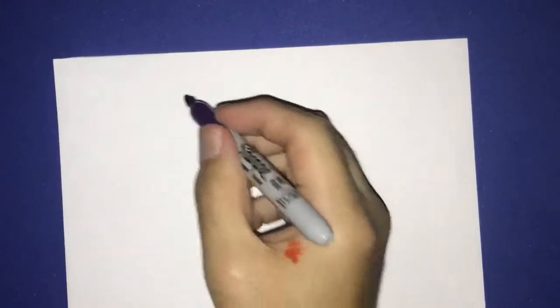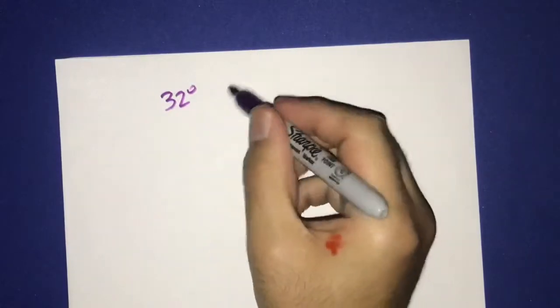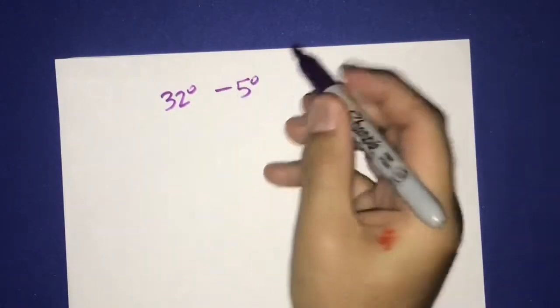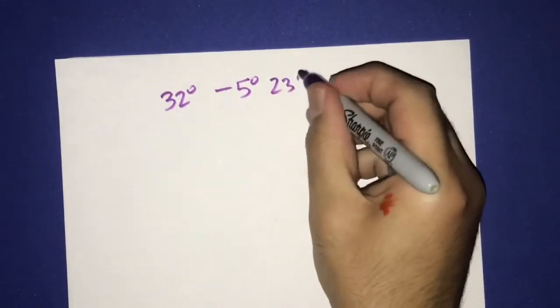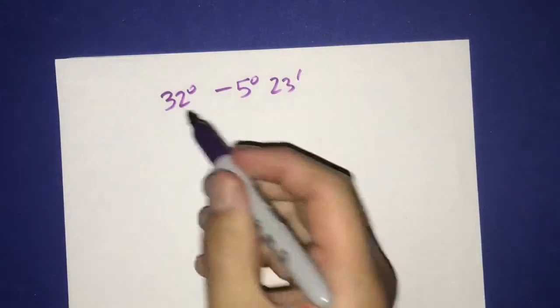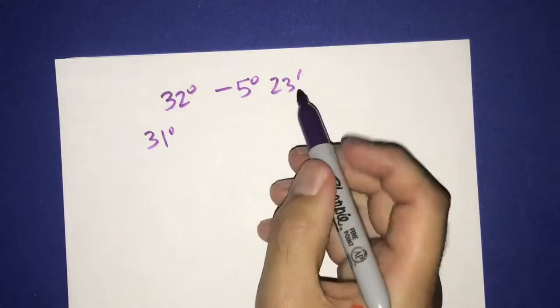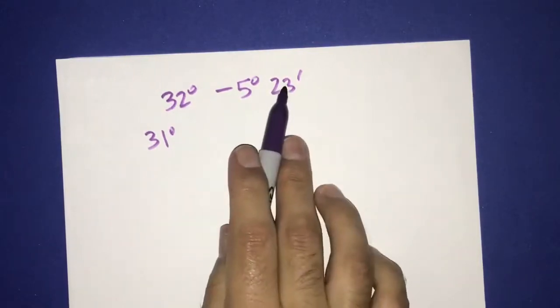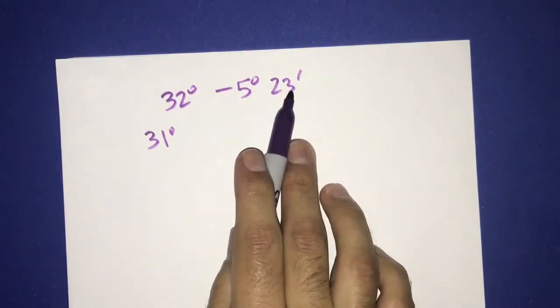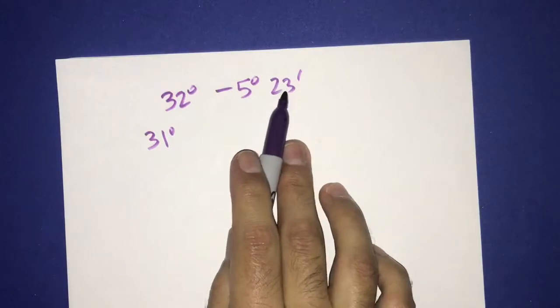And we can also subtract. So let's see. If we have 32 degrees and we want to subtract off 5 degrees and 23 minutes. Okay, so let's see what we would get. So we get 31 degrees. Here you see how this one has minutes and this one doesn't.